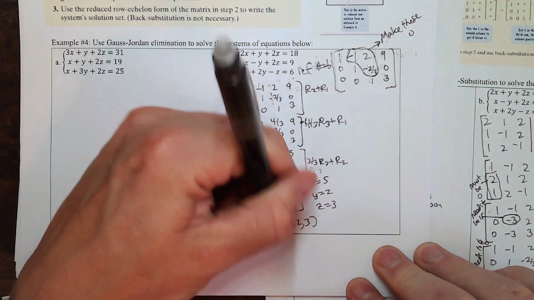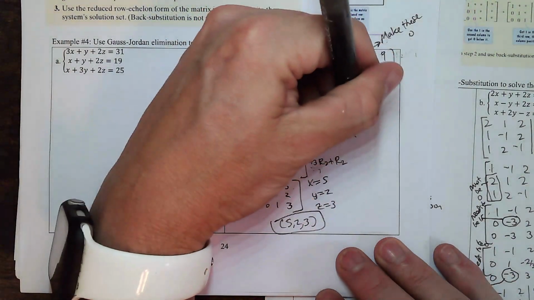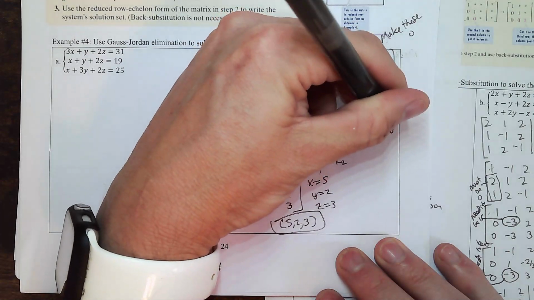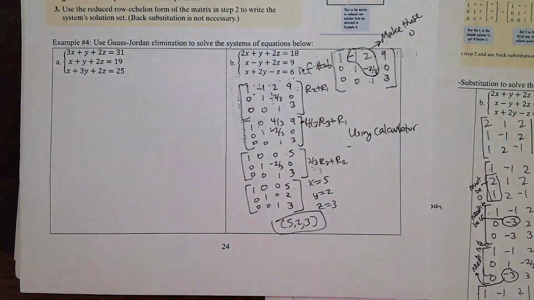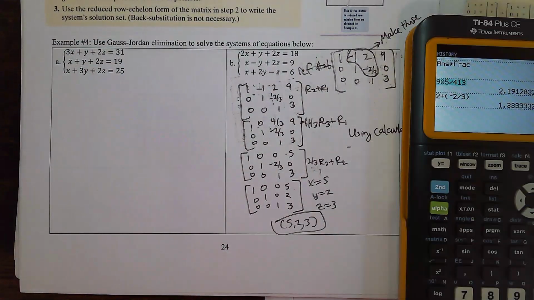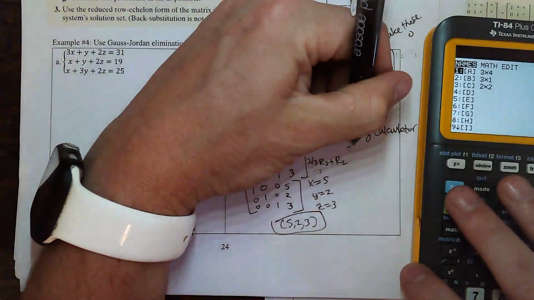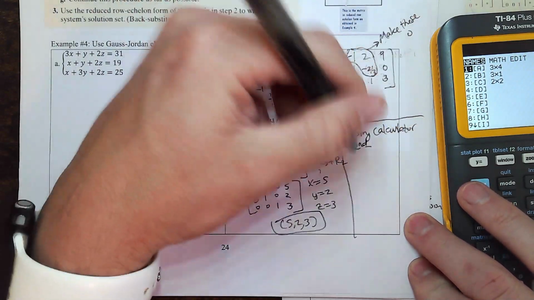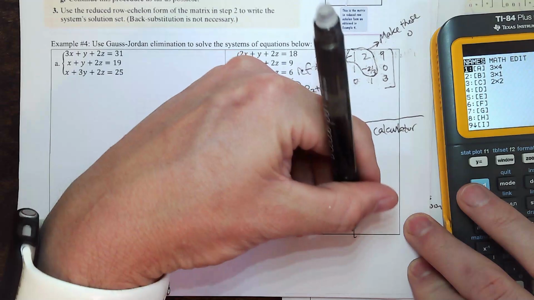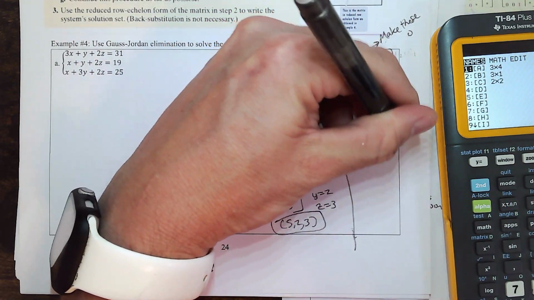You could also do this in the calculator. I can write out the steps. So, using the calculator: go to second, matrix, which is the x inverse key.